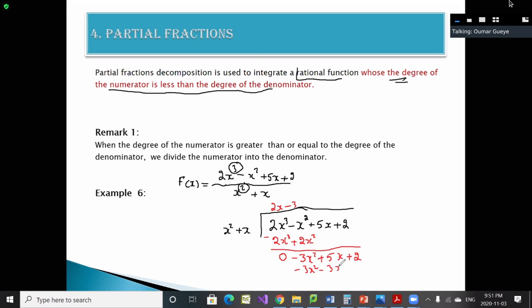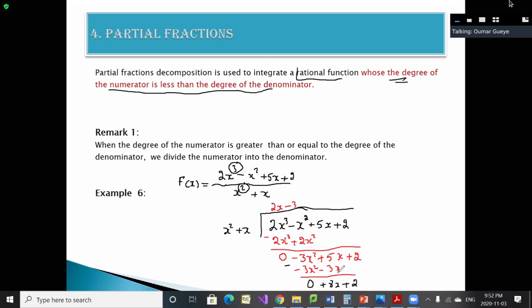And again, you subtract these two lines. So when you subtract, minus minus becomes a plus, so we get 0 here. So we have 5x minus minus 3x, which is 5x plus 3x, which is plus 8x. And lastly we have 2 minus 0, which is plus 2.